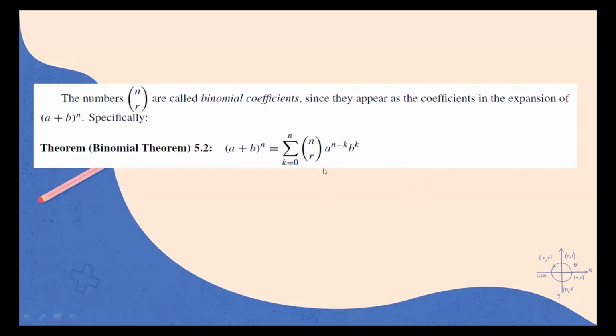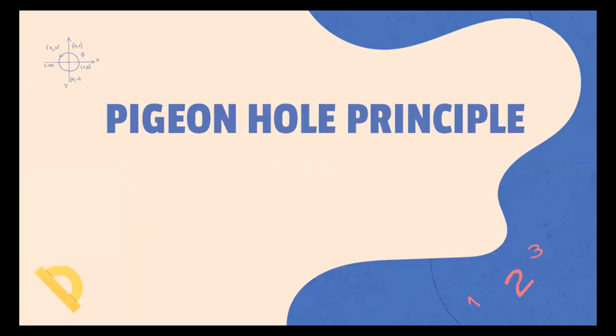Now let's start with the pigeonhole principle, which is a very simple but quite useful concept in combinatorics.